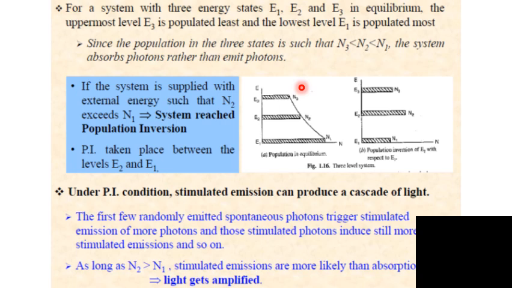As we move towards the upper energy levels, the population reduces, and we can see this in this figure. This figure is in equilibrium: this is the lowest energy level, so it has the maximum population, and as we move towards higher energy levels, the population reduces.